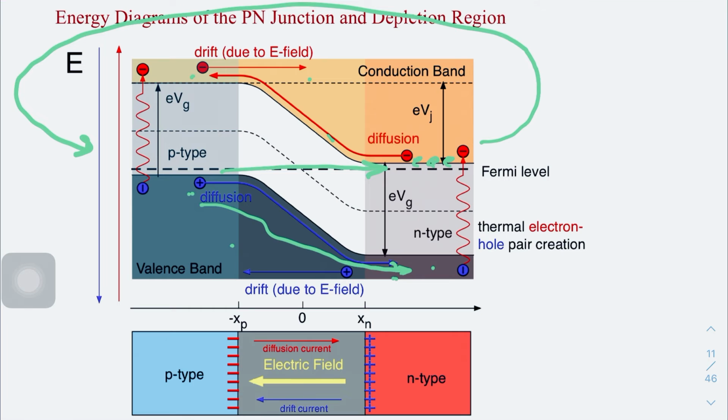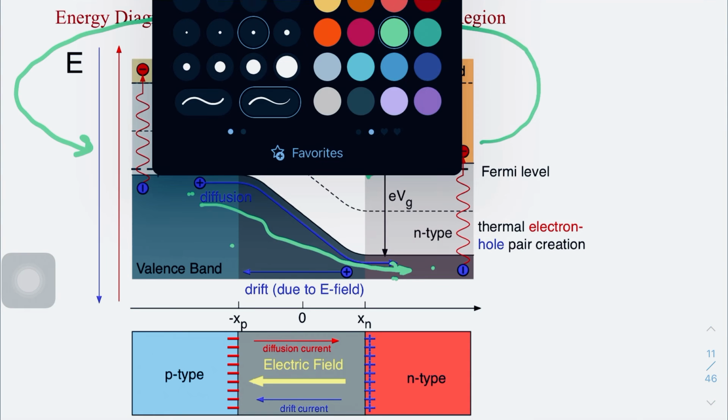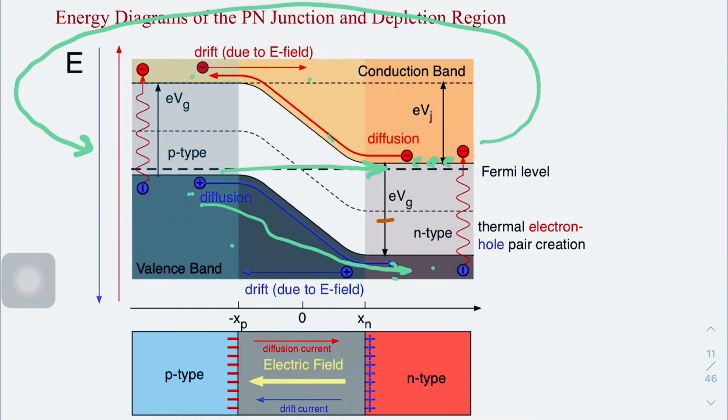And the direction of the drift current is from n to p. It has an opposite direction to the diffusion current. This is for drift, and this is for diffusion.